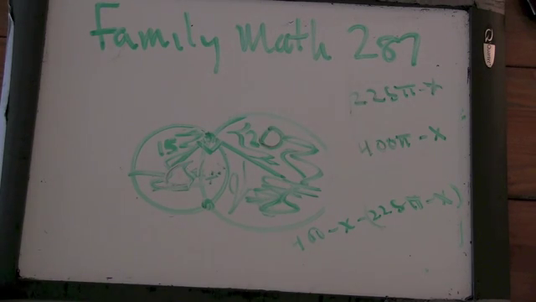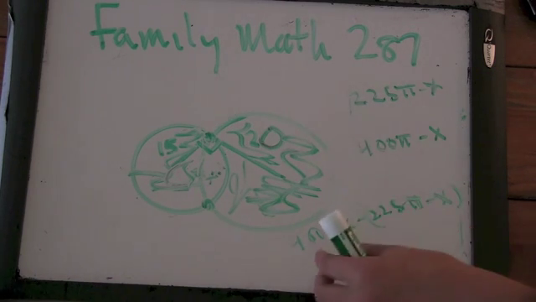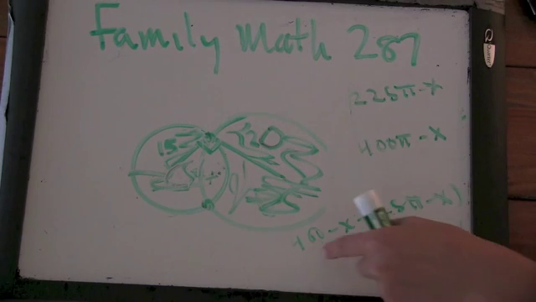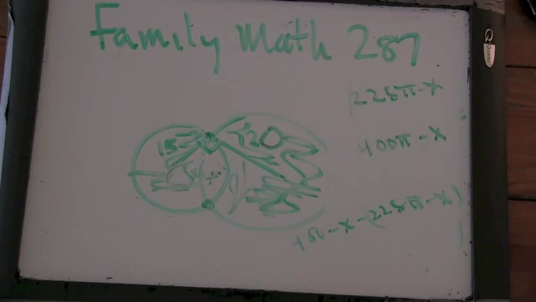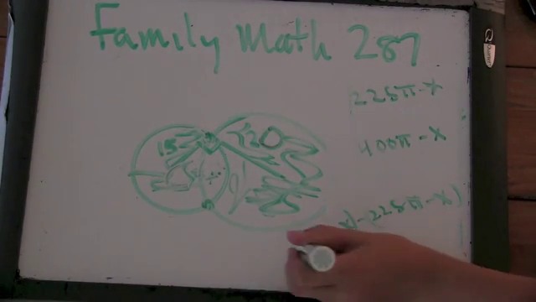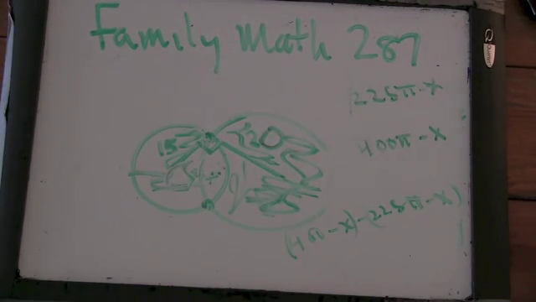Why did the parentheses go around the whole thing, 225 pi minus x? Because you're subtracting that whole thing away from the other. Wouldn't there be parentheses around the first part too? There could be, probably to be careful, and that would be a good idea.